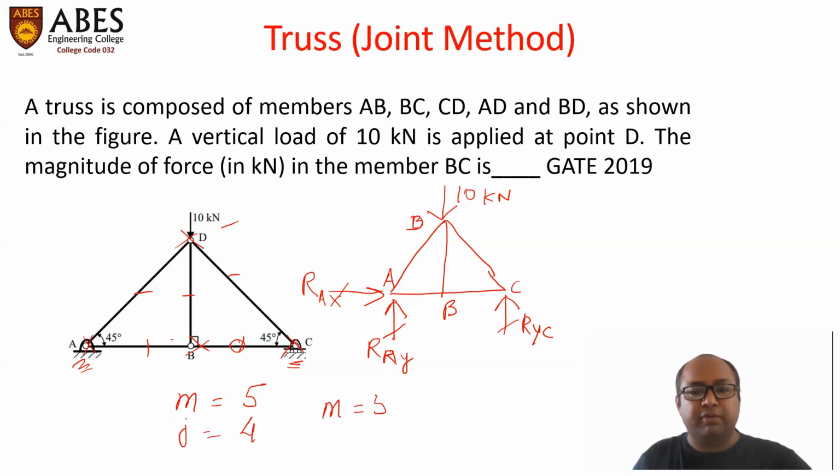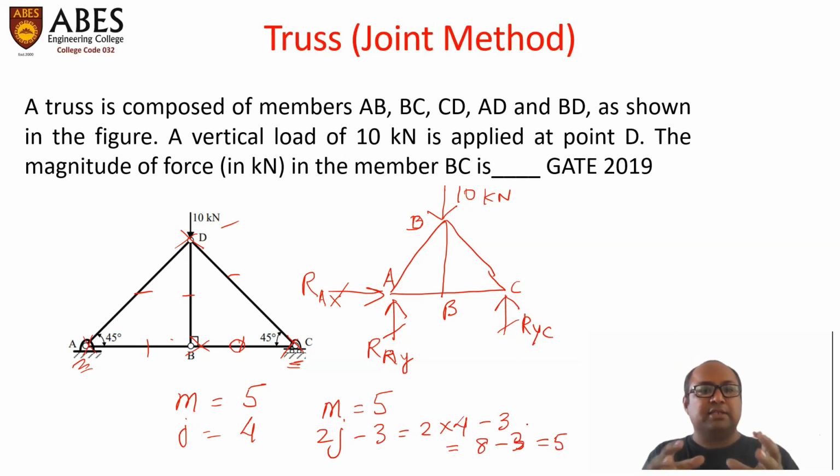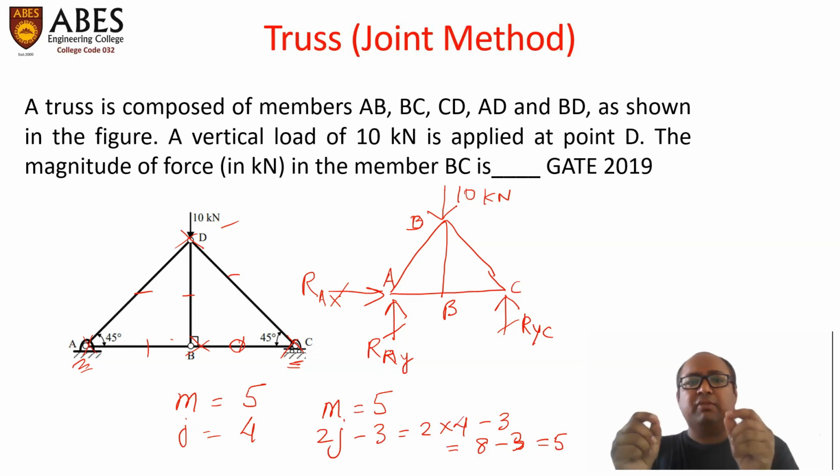M equals 5, and 2J minus 3 will be 2 times 4 minus 3, which is 8 minus 3, and this will also be 5. Here we can see that the number of members and 2J minus 3, both values are 5. So this kind of truss is statically determinate, and we can find the value of force in each member of the truss if we want, using the Newtonian method.